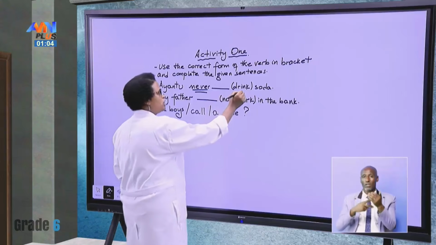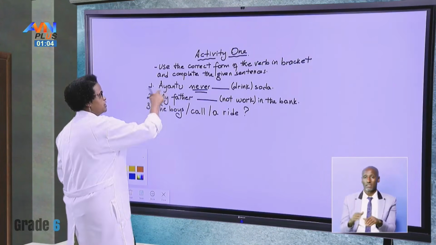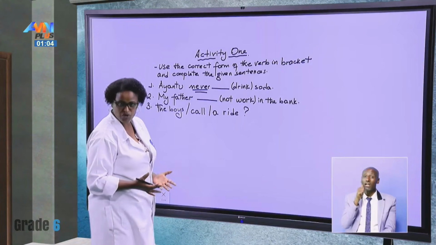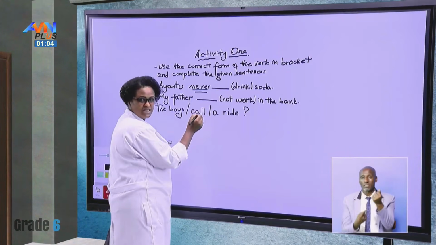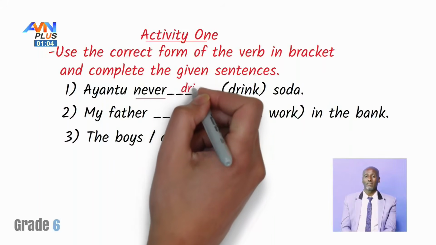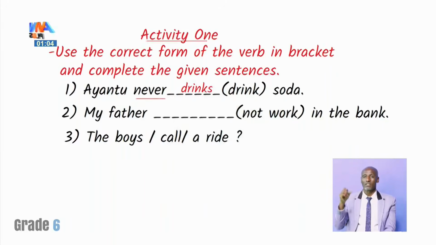But let us see the subject. It is Ayantu, which means she, singular. So the verb adds what? S. Ayantu never drinks soda. You see?